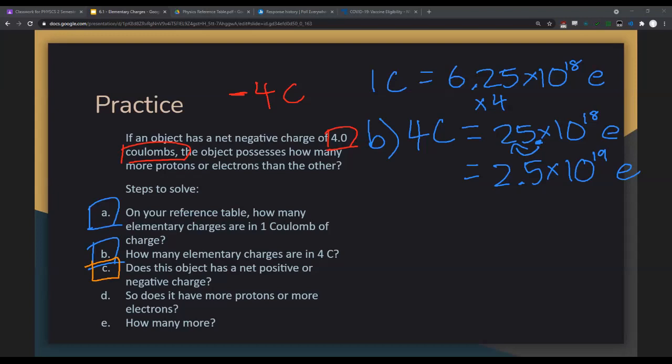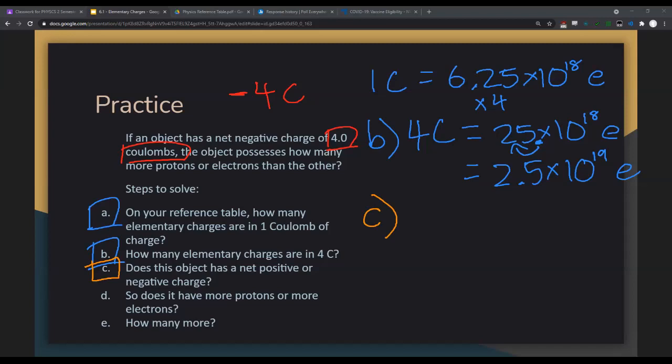Is this charge negative or positive? This is net charge, positive or negative? It's in the problem. It's given to you. It's negative, yeah.